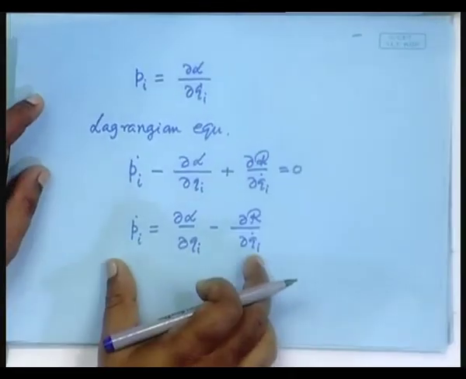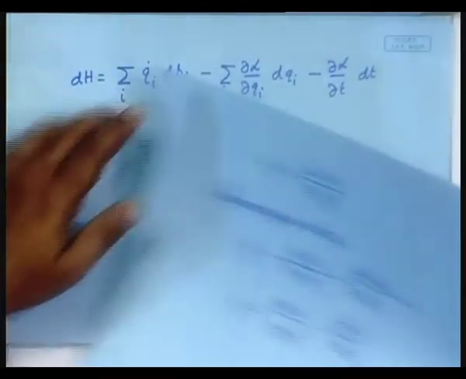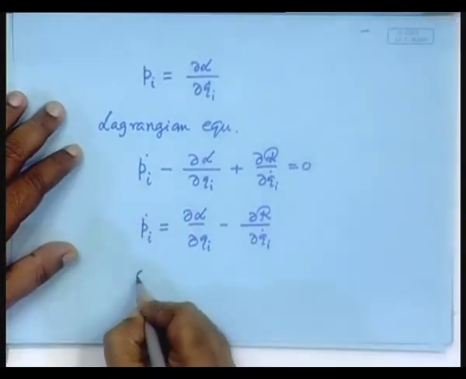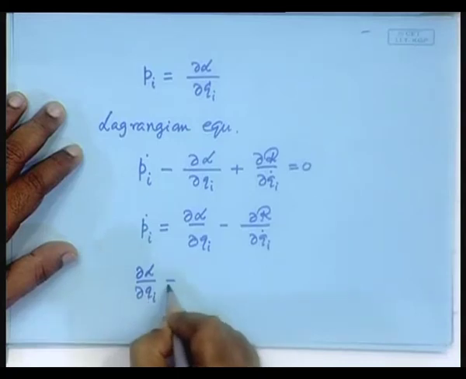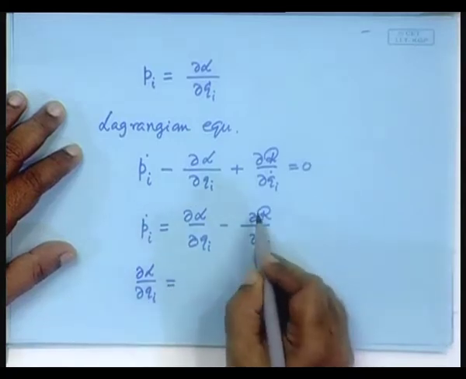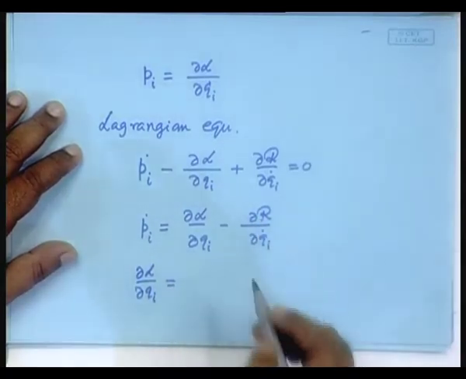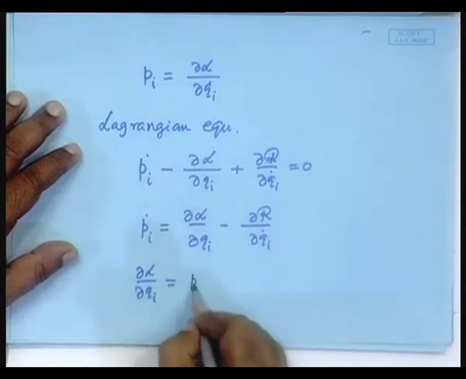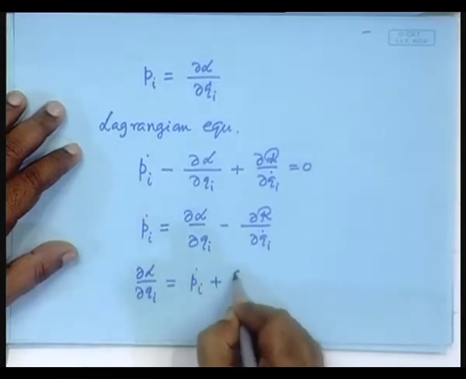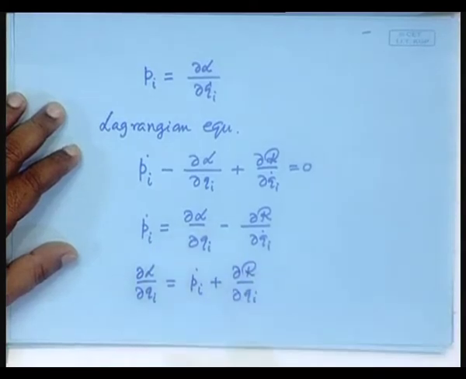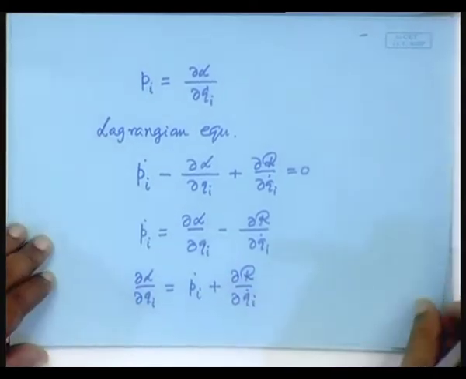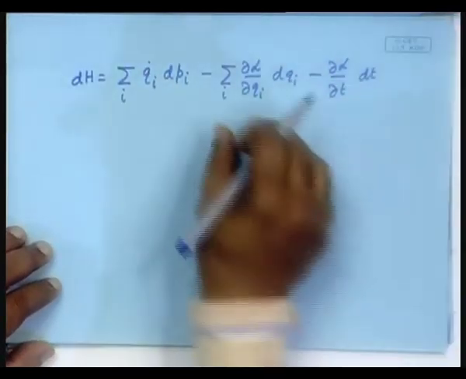We had already obtained this, and from here we know this term. So, let us write down the derivative of the Lagrangian with respect to qi is, now here we are including, can you see that? Yes, we are including this. So, it is pi dot plus, so let us substitute it here.